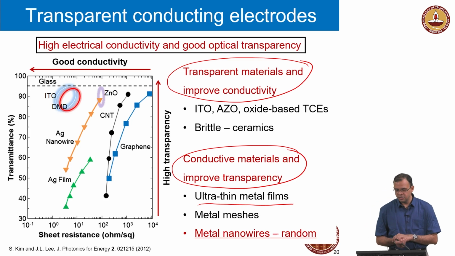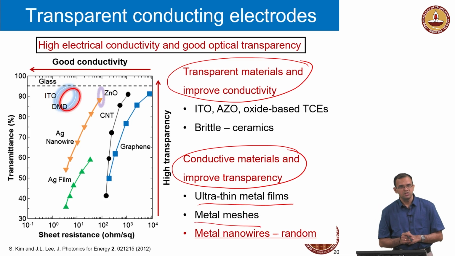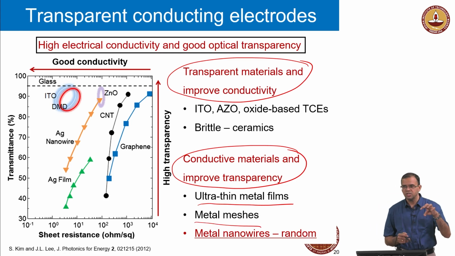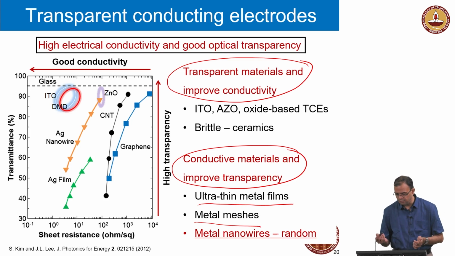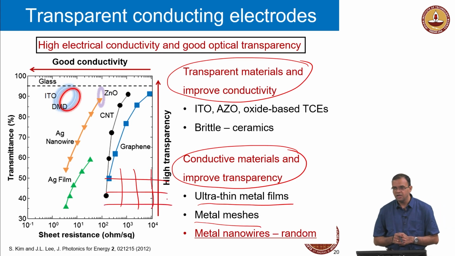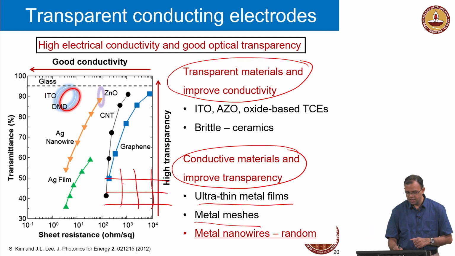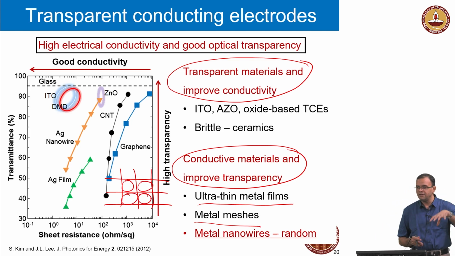The alternate is to have some sort of an incomplete structure. So essentially it is a structure with a lot of pores. If you want to think about a metal mesh, so maybe I'll just use this space here. So think of these as lines. So these are lines of metal, so this is nothing but a mesh. So these lines allow current to pass through, but all the regions where there is no metal, you can also have light passing through.